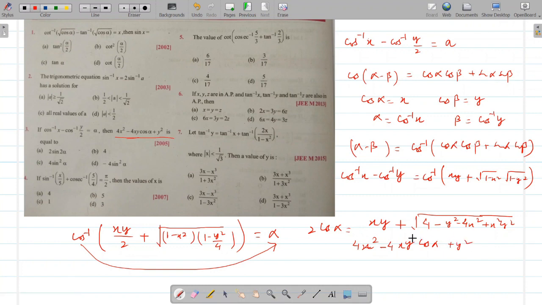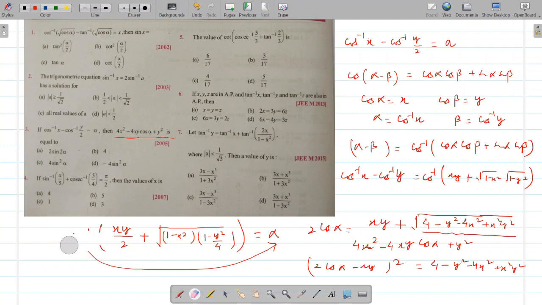Okay, so you can see this is x plus y, and this you bring to the other side, you write 2 cos alpha minus xy and square it. And this side we will also get 4 minus y square minus 4x square plus x square y square. So you can simplify it, and from there you can conclude the answer.